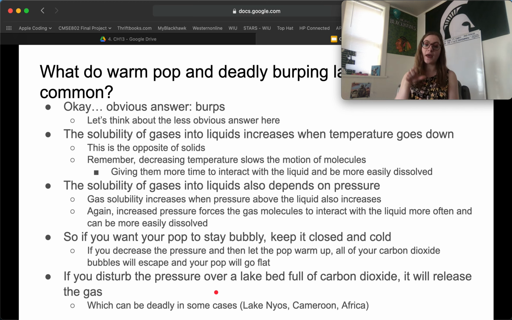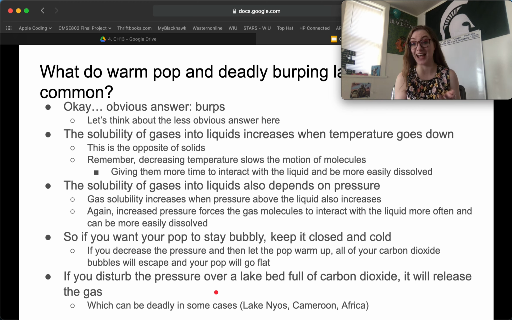But if you crack that pressure and you let your pop warm up, all of the carbon dioxide bubbles are going to escape, because that gas is going to have its motion increased when temperature increases. As you heat it up, those gas molecules are going to come out of solution as well. So if you open your pop and leave it sitting on the counter, it's going to go much flatter than if you open it and set it in the fridge.